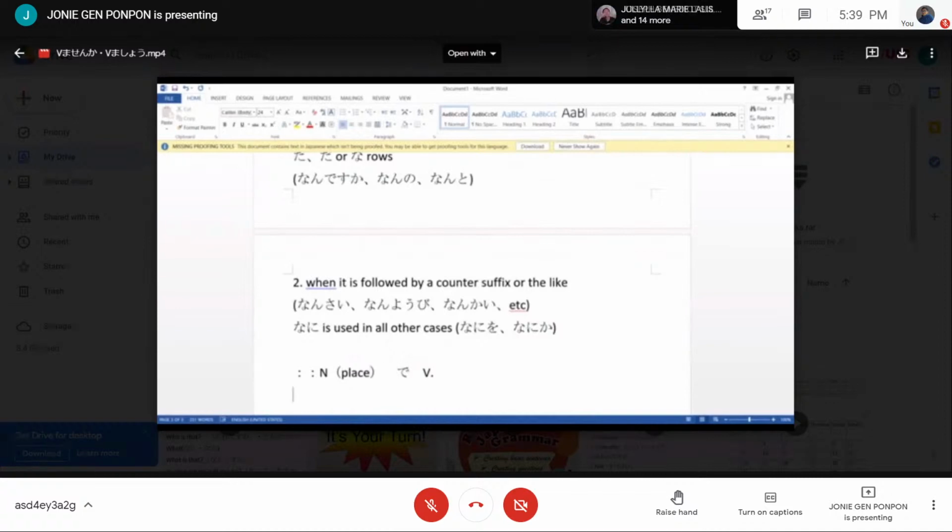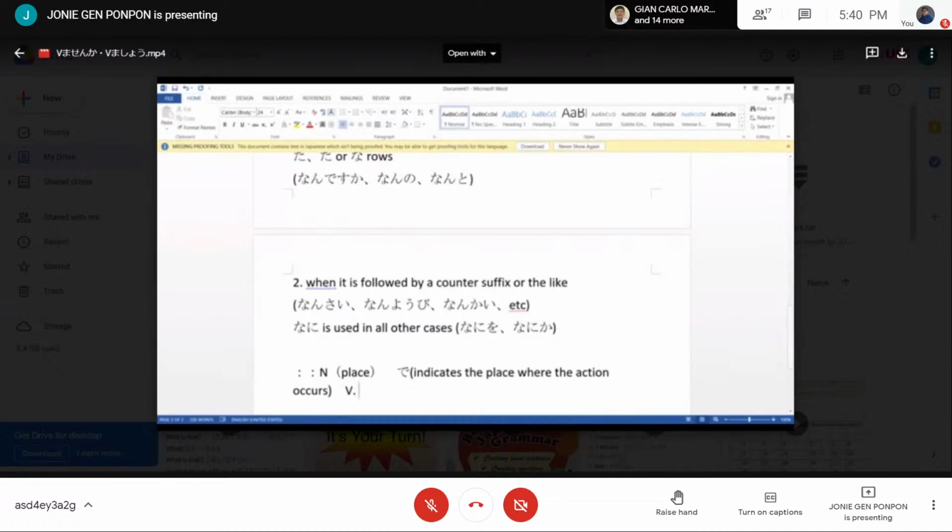Okay, and this will mean that the de here indicates the place, okay, since the noun is a place, okay, where the action is being taken, or indicates the place where the action occurs. Okay, so that's the de particle, or the role of the de particle there. If the noun is a place, okay, it's not a vehicle.